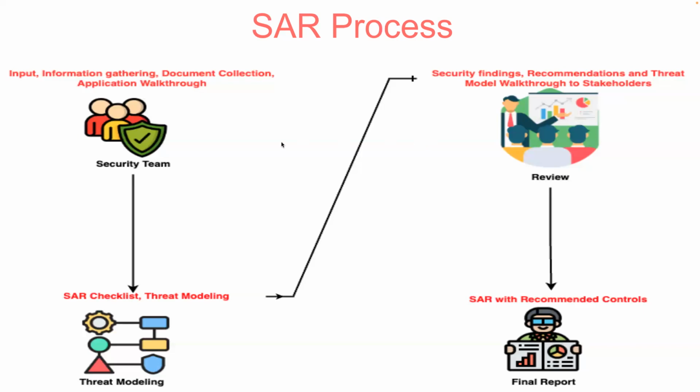Now let's go through everything in short. The security team requests all essential documents for the application, and under evaluation the application's stakeholders also provide the security team a walkthrough. Right after receiving the application walkthrough, the security team begins drafting a secure design review checklist and doing a threat modeling exercise based on the input captured.